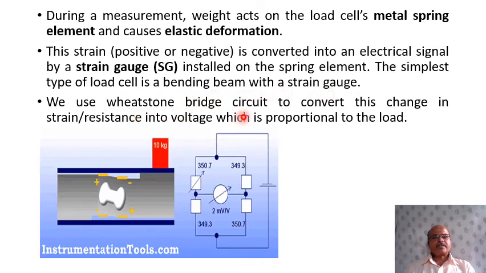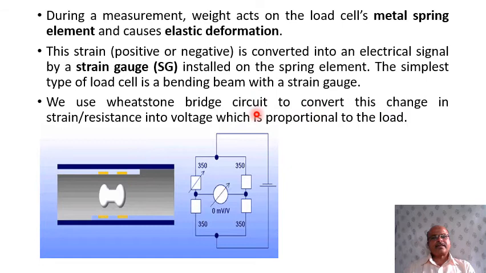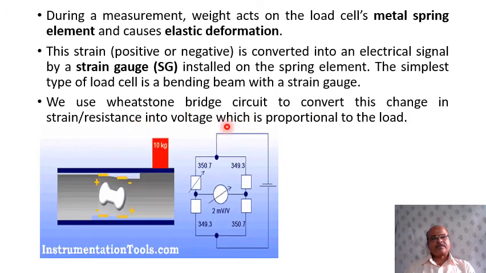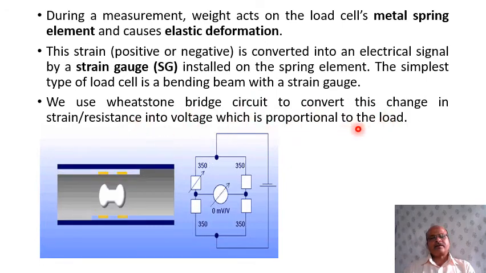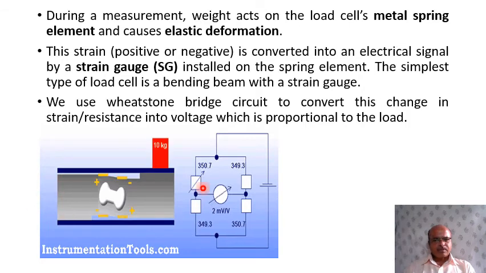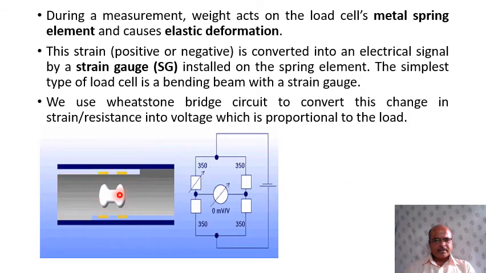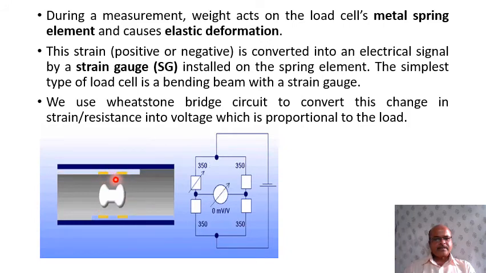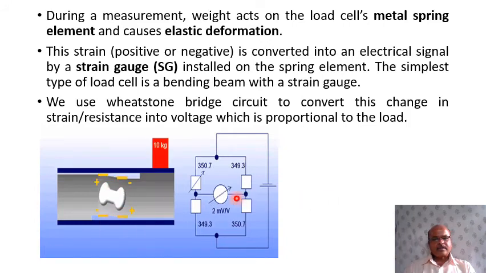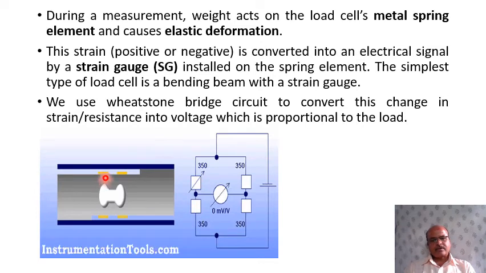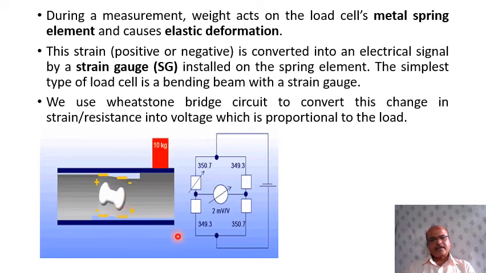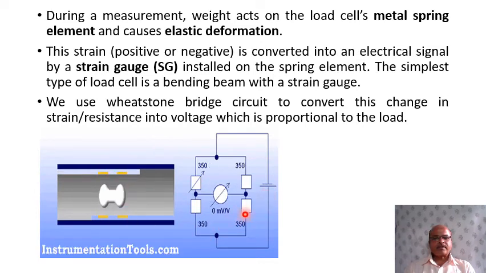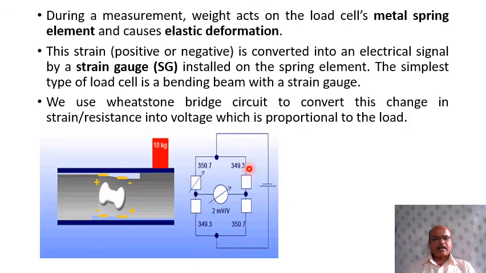We use Wheatstone's bridge circuit to convert this change in strain or resistance into voltage, which is proportional to the load. So from this animation we can observe that this is a strain gauge, and if there is a change in resistance of any resistor, then there is a change in output voltage. So observe this animation.